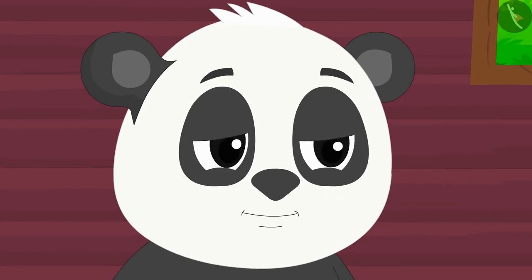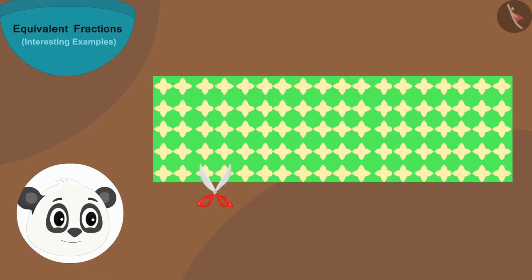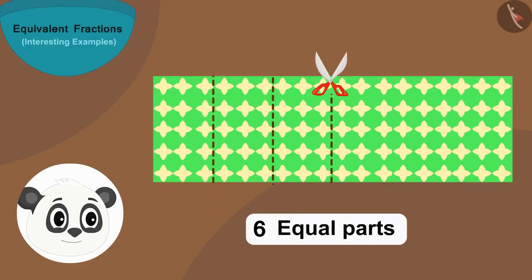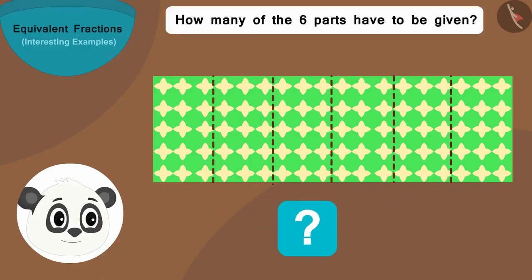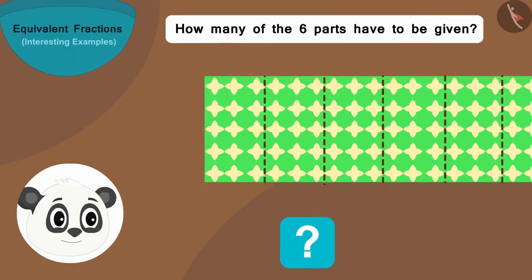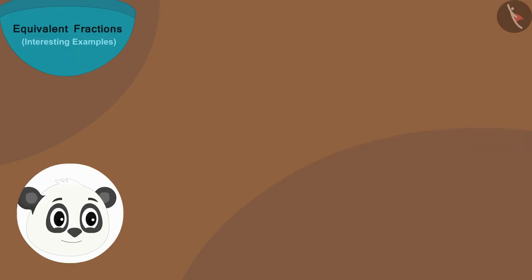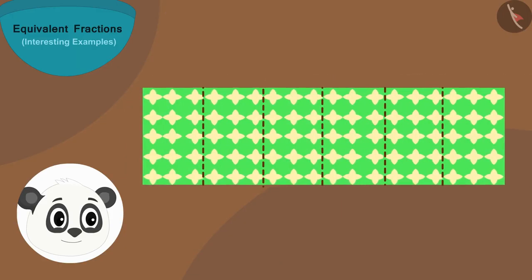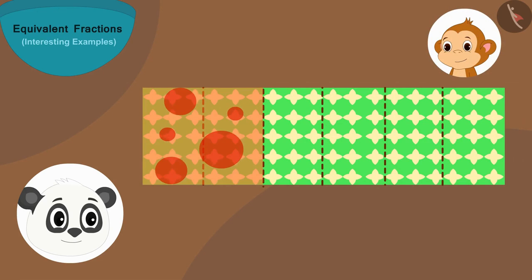But there was one problem. Golu had already cut his cloth into 6 equal parts. Can you tell how Golu will be able to give Babban a cloth as long as his cloth? Let's see. Golu placed parts of his cloth like this and placed Babban's cloth's part just above it.